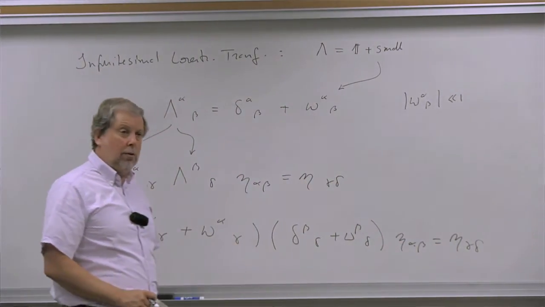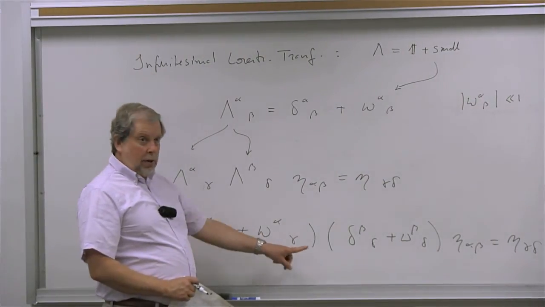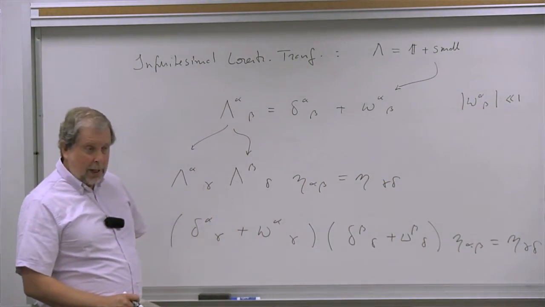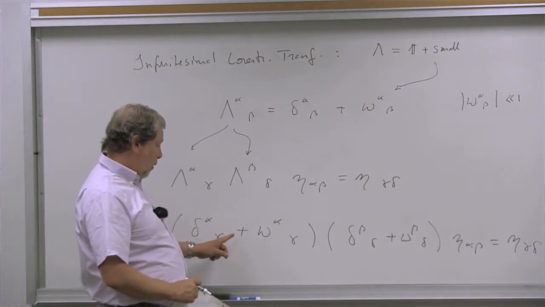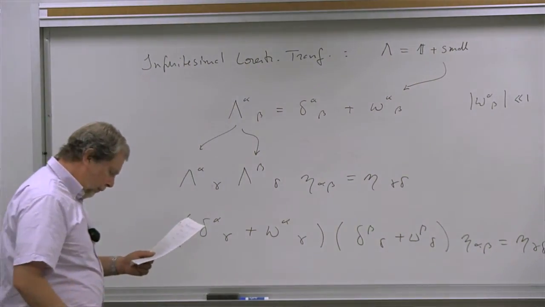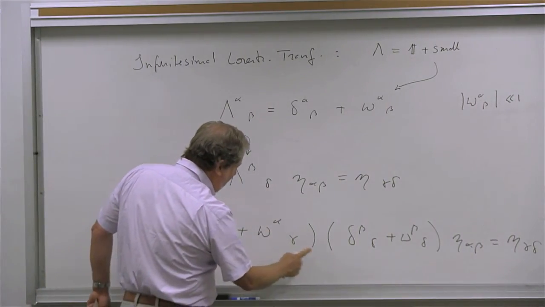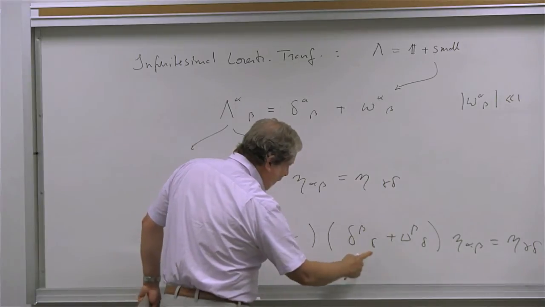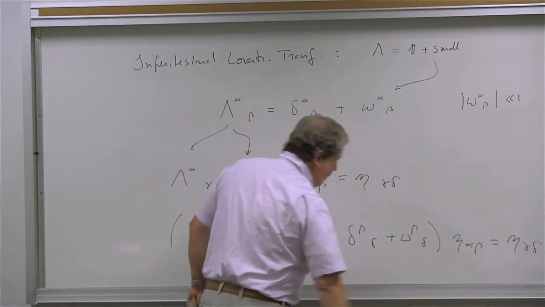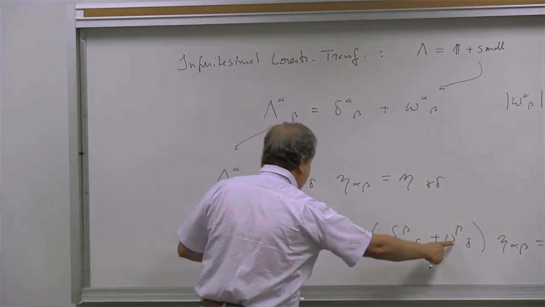So the 0th order is satisfied. There's also a quadratic term, which is the omega squared, which we drop because omega is small. So we only have to concern ourselves with the cross terms. So the cross terms give that omega alpha gamma times delta beta delta times eta alpha beta is equal to that, plus the other cross term, which is this Kronecker times delta.